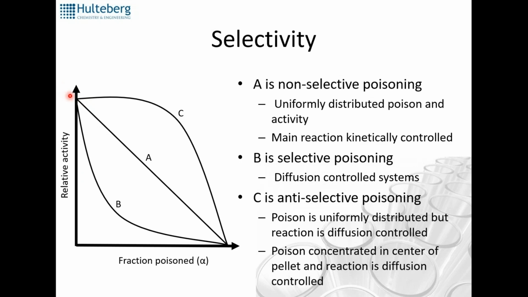And also, finally, you can have anti-selective poisoning. If you, for instance, have uniform poison distribution, but you have reaction only on the outer part, or indeed if your poisons concentrate to the center and you get diffusion control reaction.